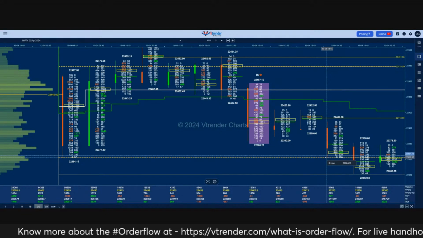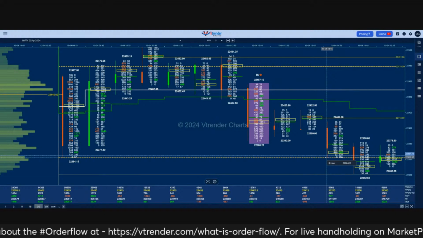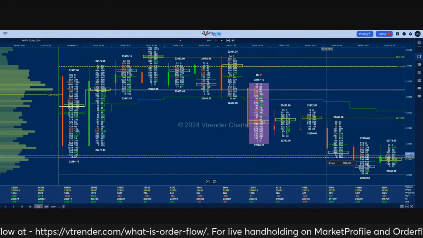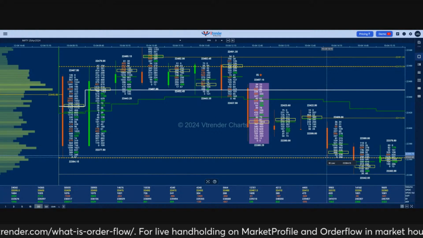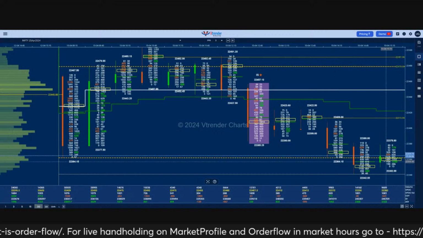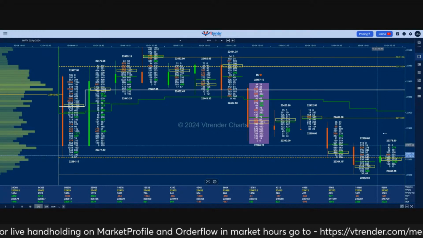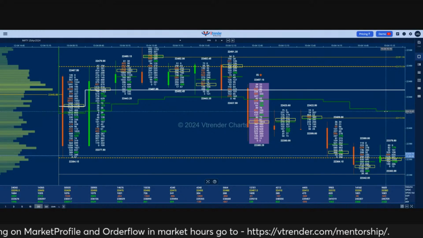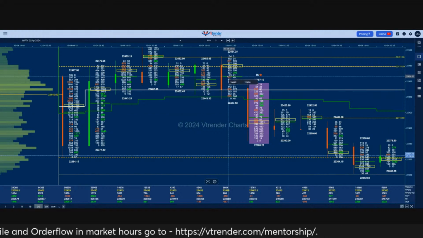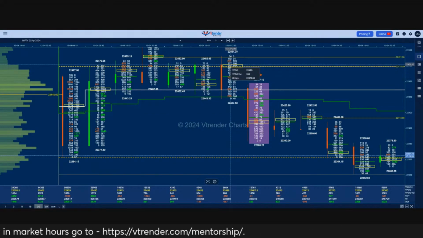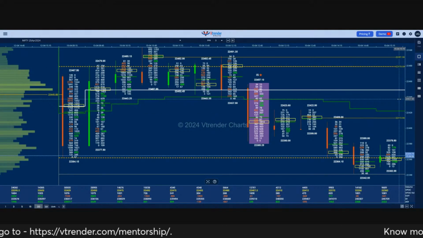If we remain below this 22364, we can look for more downside for tomorrow. And on the upside, we will have to take off today's VWAP, and these two selling references of 22466 and 22480. And then, as I mentioned, today's high of 22517.